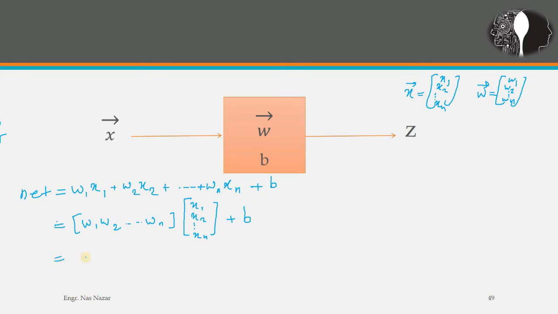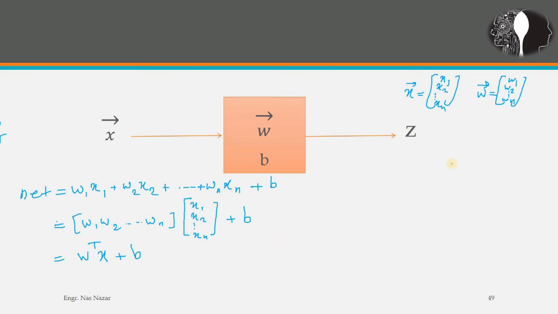We can already write it down as w transpose, because this one is horizontal, but our matrix is vertical. So w transpose x plus b.